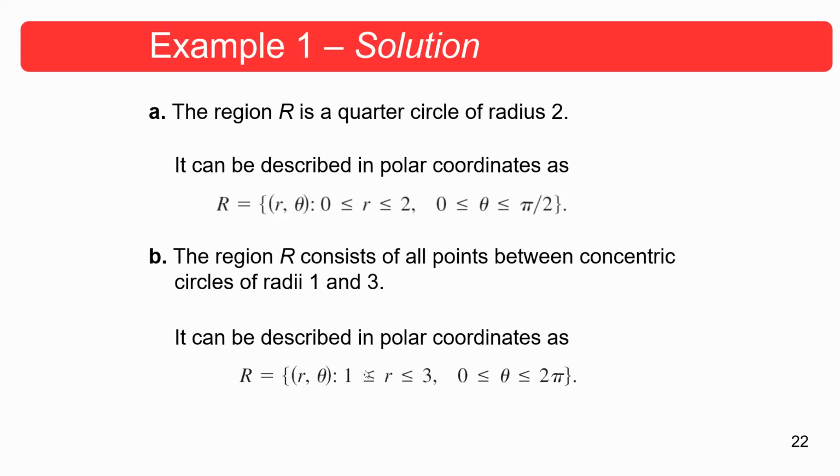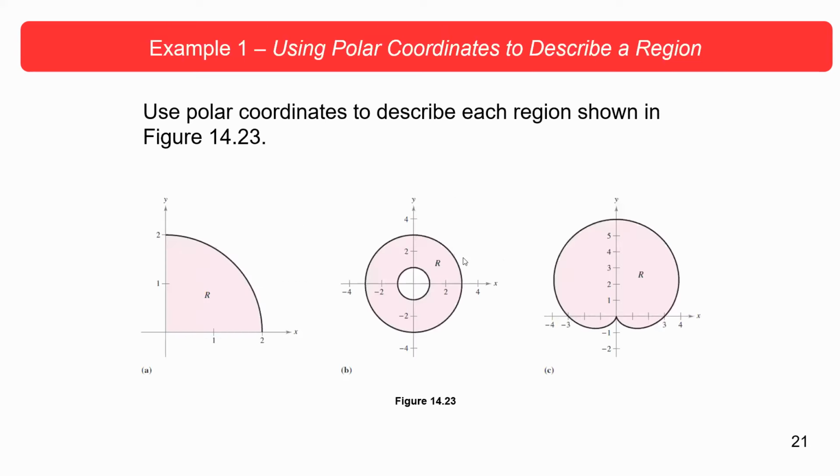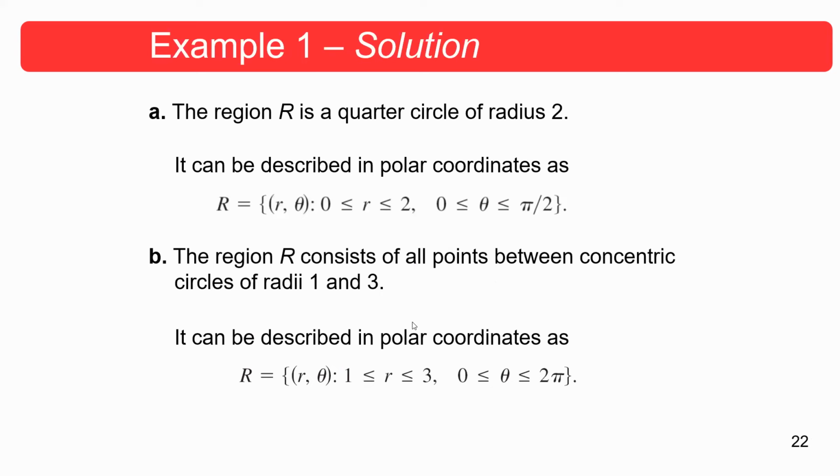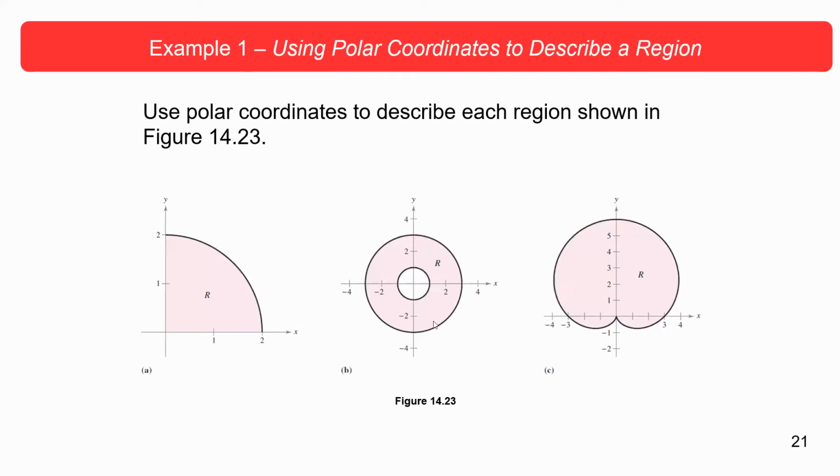So you can see that the radius is from 1 up to 3. That means inside, from 0 to 1, it's not present. And what's the angle in which it is present? It should be from 0 up to 2 pi, the whole circle.